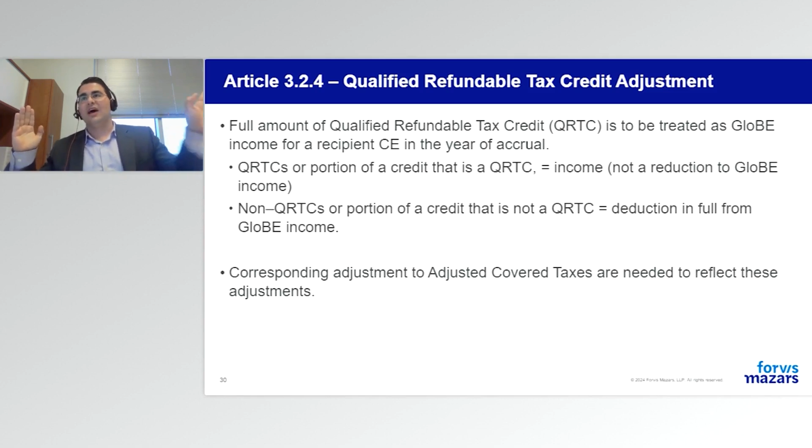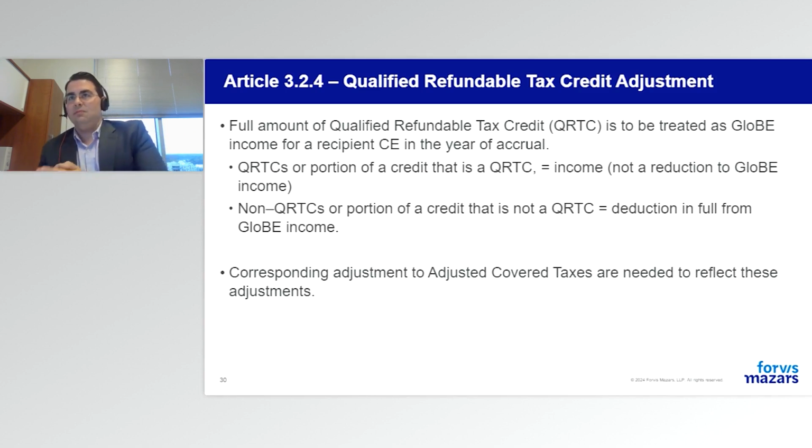And now there's this gray area, which we'll talk about in a second, that was talked about in the February guidance, called MTTCs, marketable transferable tax credits. We'll allude to that here, but basically the general rule is that if you have a QRTC, the full amount of that QRTC is deemed to be GloBE income in the year of its accrual.